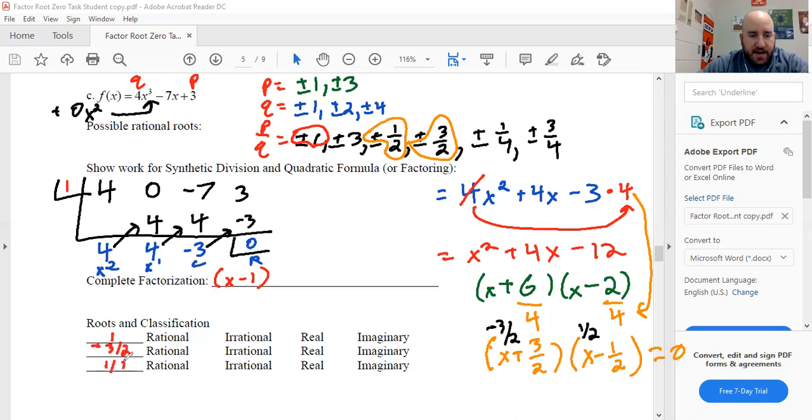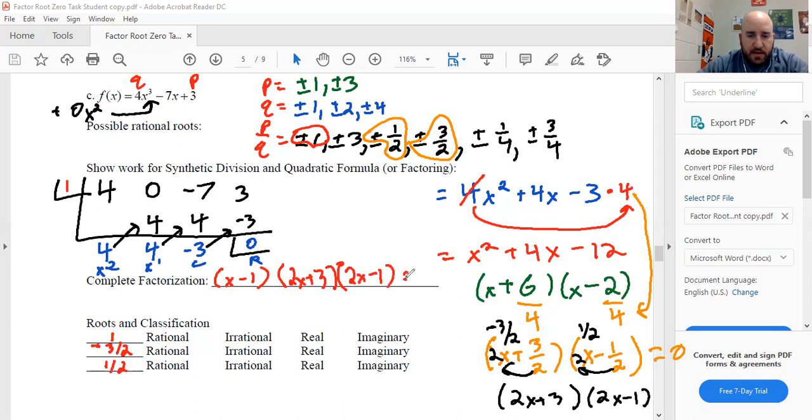So to get the actual factors, after I can't simplify anymore, move the denominator back out in front, get 2x plus 3 times 2x minus 1. So that's what goes here.